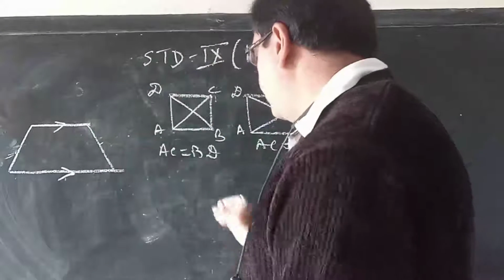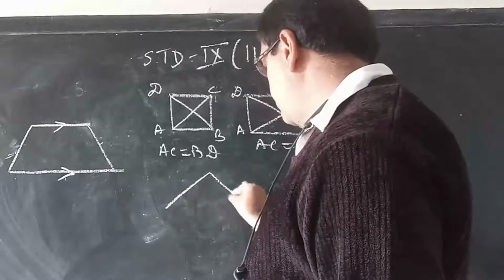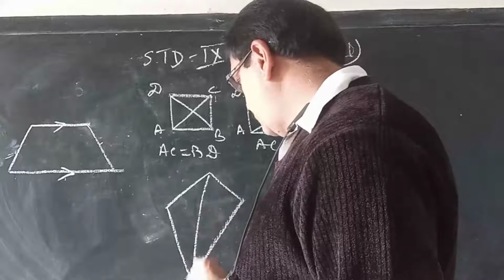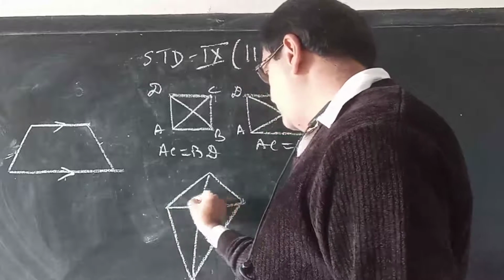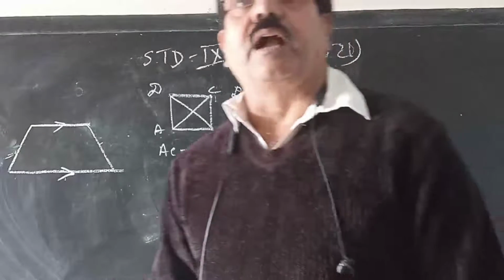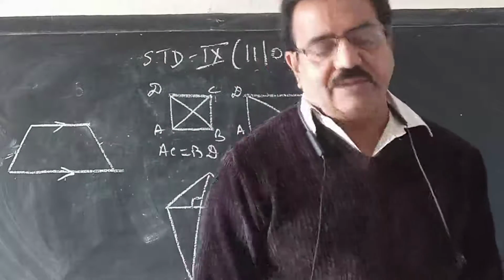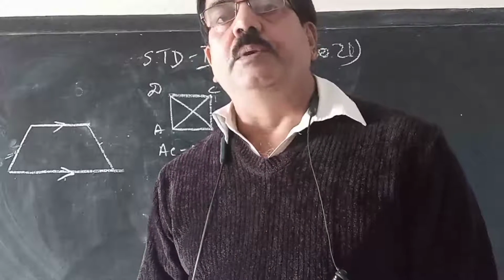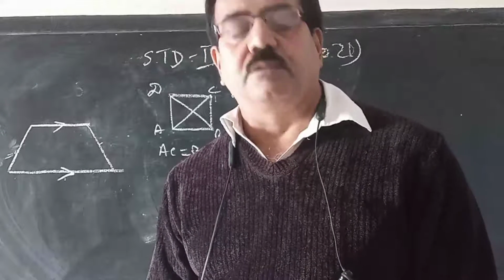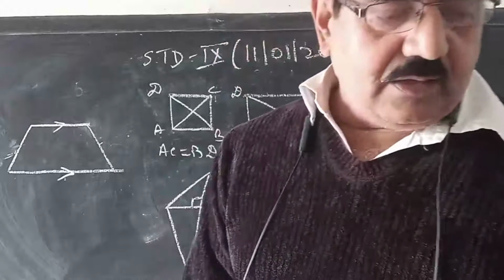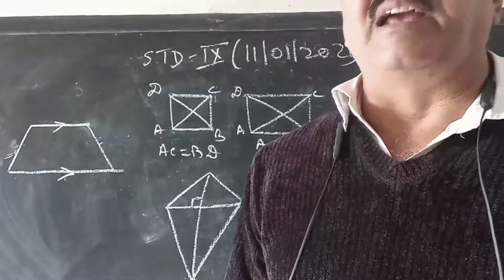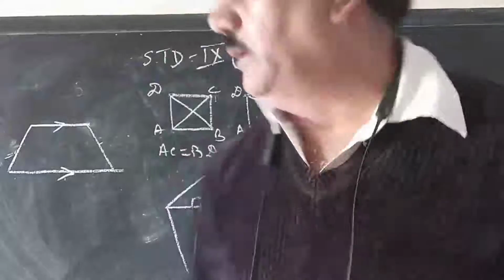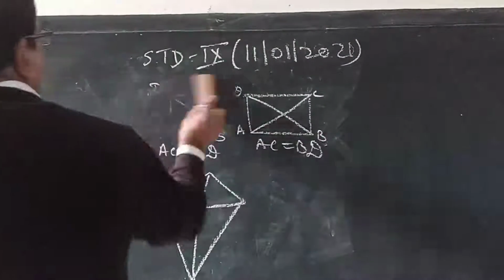This is a kite figure. So in a kite also diagonals intersect at 90 degrees. By using these properties we have to solve the questions of this exercise, and it is a very simple exercise. A very few questions are given.